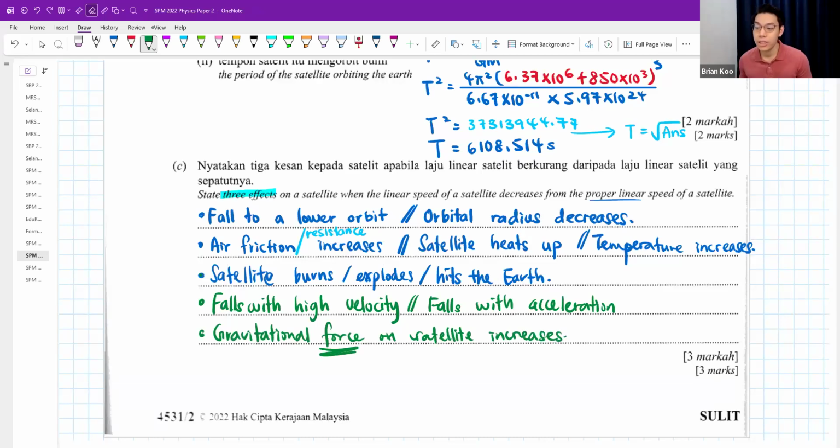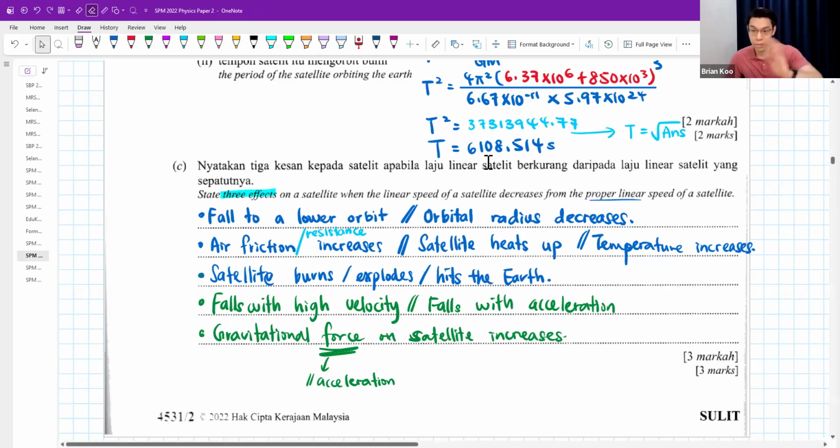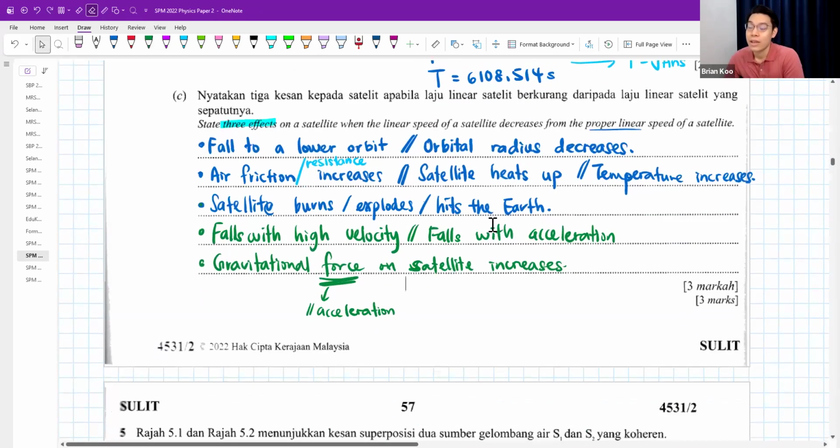Other than gravitational force, gravitational acceleration on the satellite increases. The closer you are, the stronger the gravity, of course. Got many answers. So if you understand the idea, then I think this question is not hard.